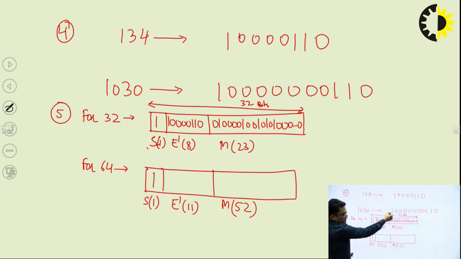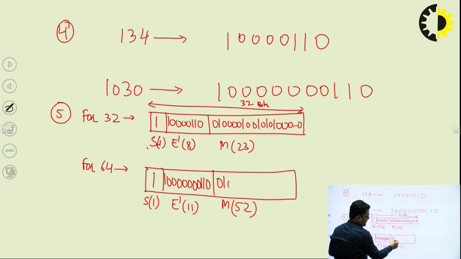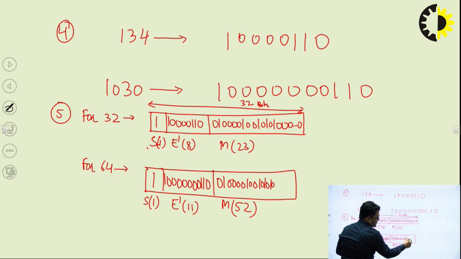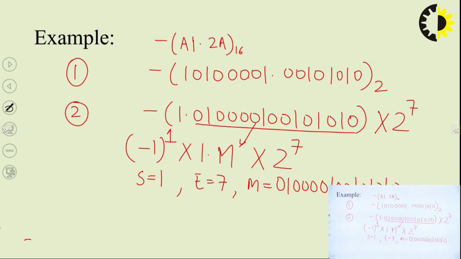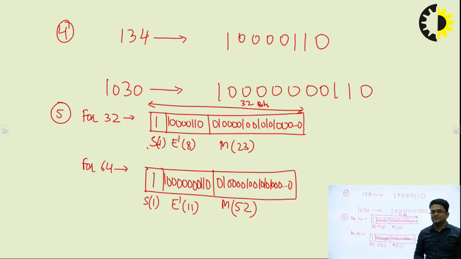The biased exponent we have just calculated over here for 64 bit, that is 100 0000 0110. So this number is already in 11 bits. And for mantissa again we need to write 52 bits. We will not write all 64, we'll just put some dots like this. Correct? So this is the final representation for the given number, that is -A1.2A. Thank you so much. Keep learning.